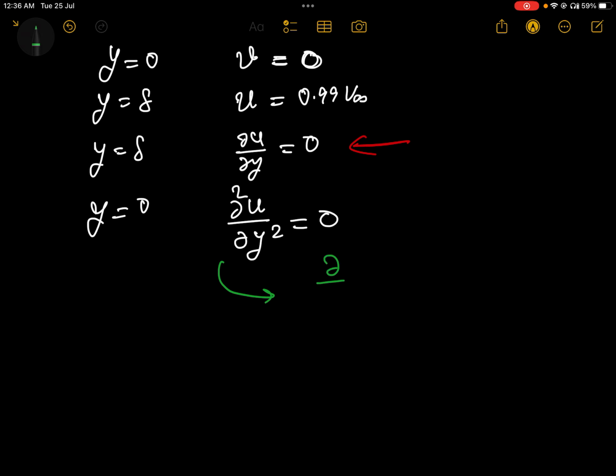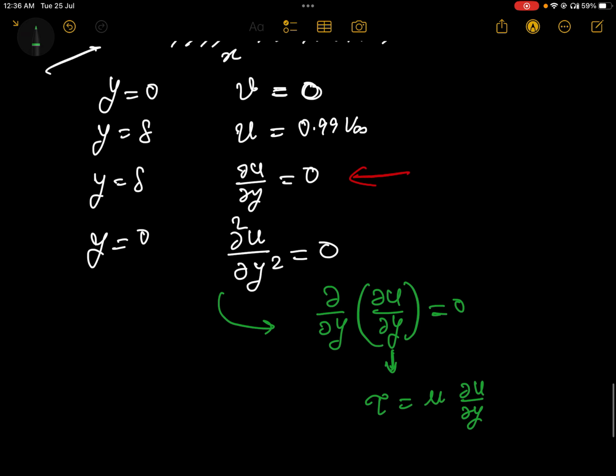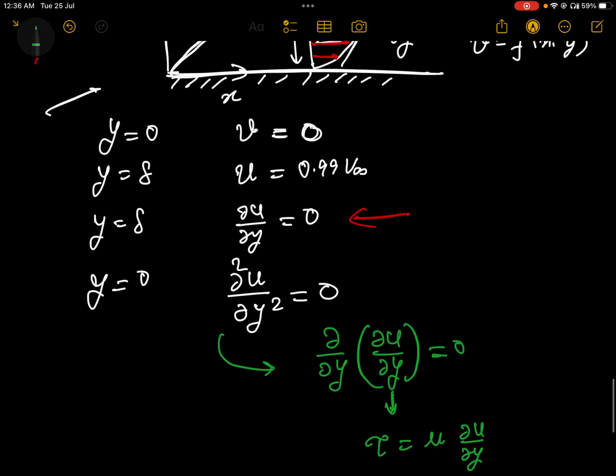Actually, we are taking del upon del y of del u upon del y, and we have taken here 0. So first try to understand where it comes from. It comes from the shear stress. You know that shear stress is equal to mu del u by del y. If del u by del y is equal to 0, it means the shear stress is 0.